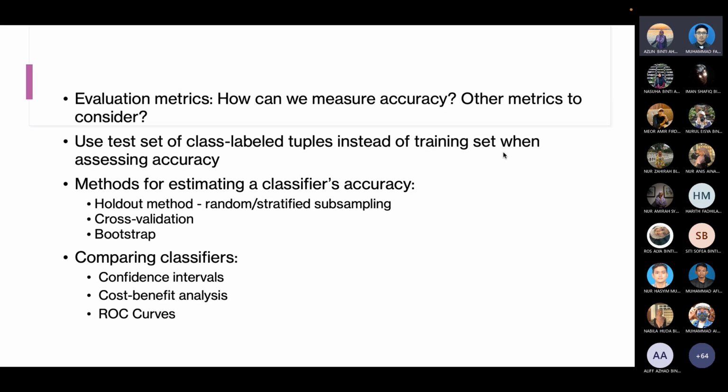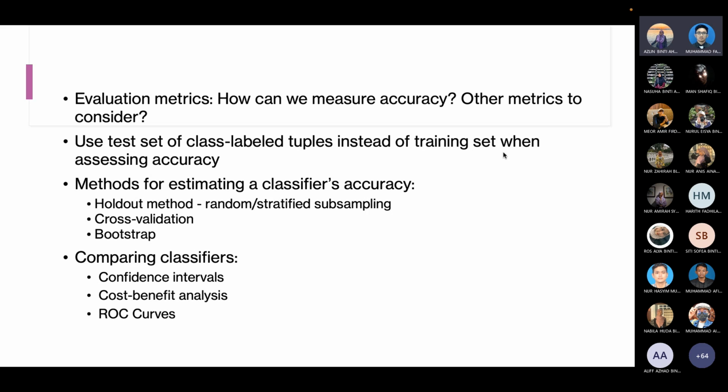You can also use test data of class label tuples instead of the training set when assessing accuracy. Of course lah, sebab the training data set is used for the training process to train our model. So kita tak boleh guna training data set, kita kena pakai a new test data set that hasn't been seen by the model.